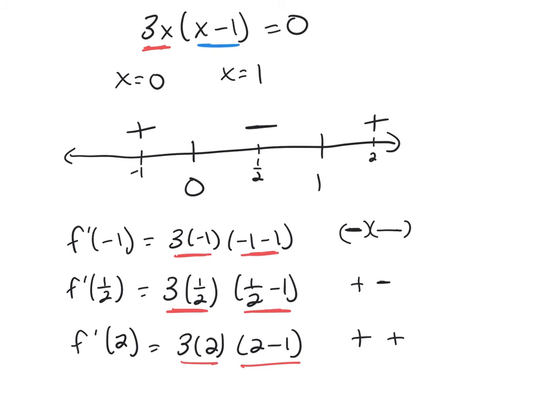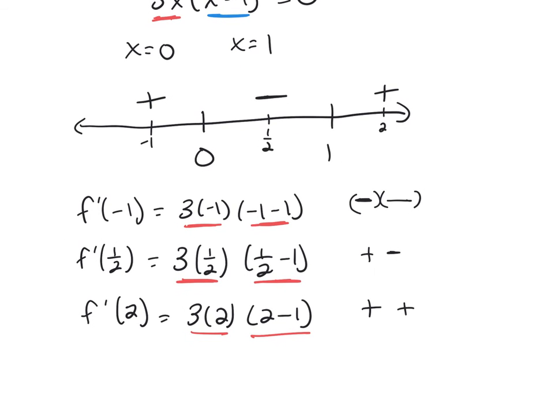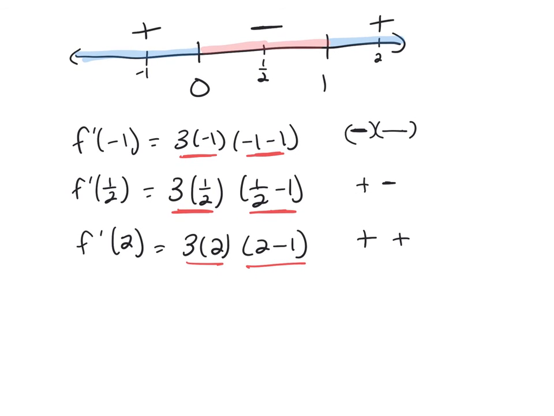So anywhere there's a positive, my function is increasing. Anywhere there's a negative, my function is decreasing. So where is my function increasing? It's increasing anywhere that there's a plus, so I'll shade that part in blue. And it's decreasing where there's a negative. So we're going to write that in interval notation.